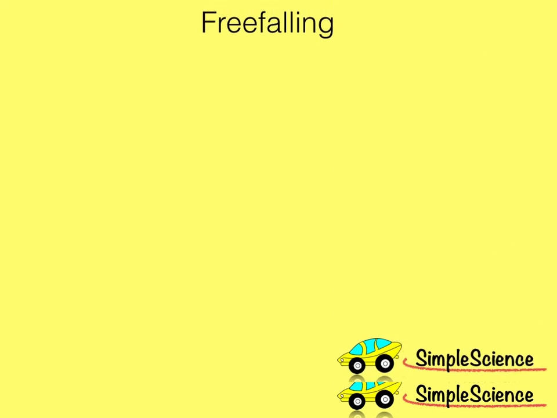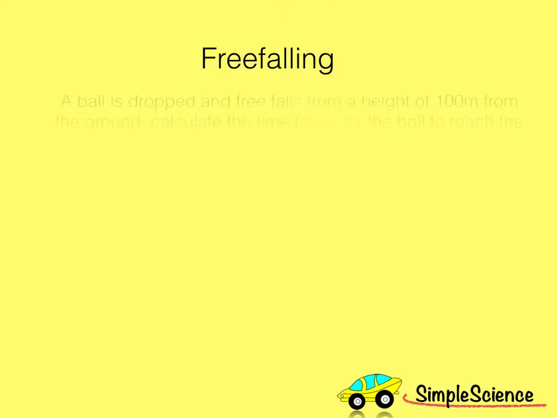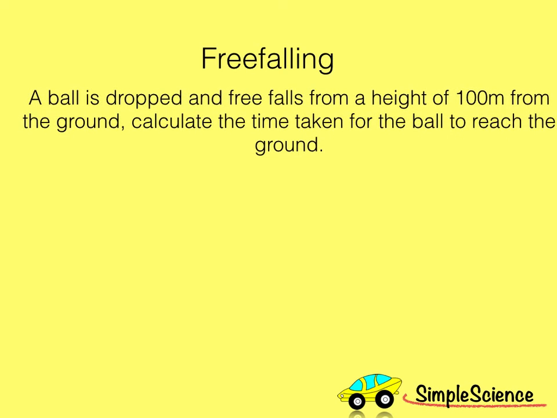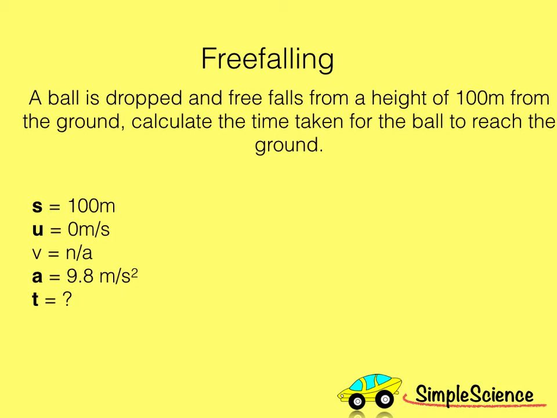Okay? So the next example is when a ball is dropped and free falls from a height of 100 meters from the ground. Calculate the time taken for the ball to reach the ground. So similarly, we are going to write Suvat, and we are going to plug in what values we do know. So we know s, u, a, and t. We have an equation that we can use: s equals ut plus half at squared.